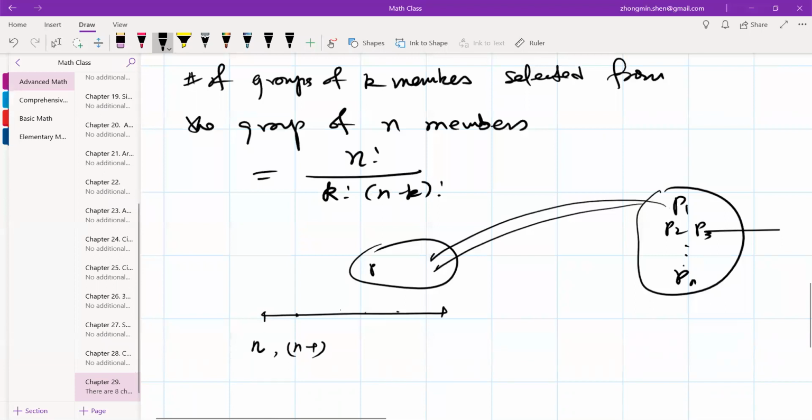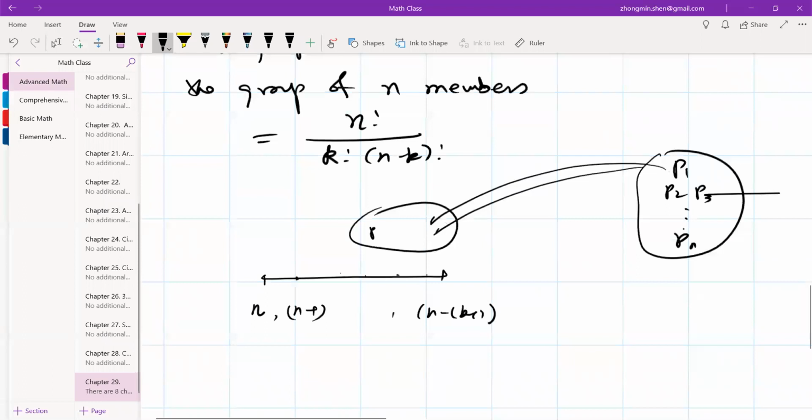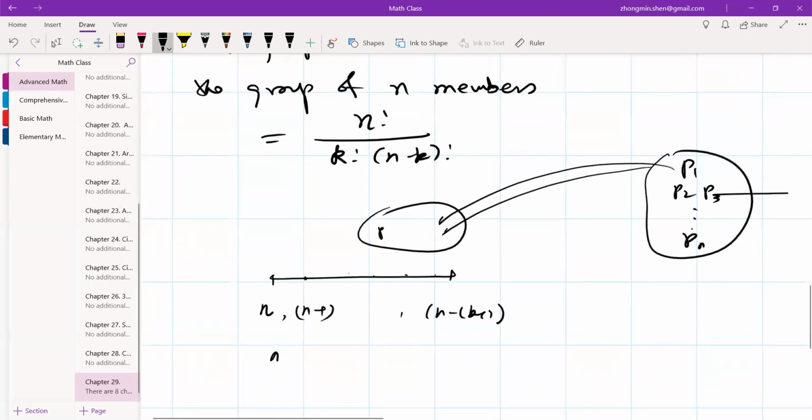Then you want to select the k members, so it's n minus k plus 1. So these are how many choices for the k-th member, right? If you put them in a row, and if we count the order, then the product of these numbers is going to be the number of members in the order.